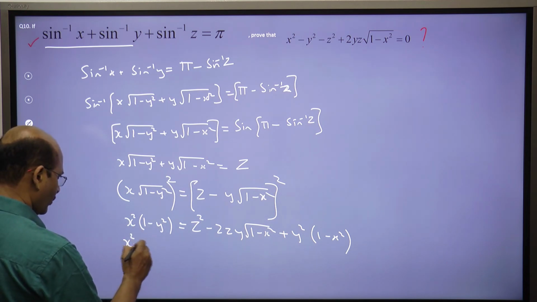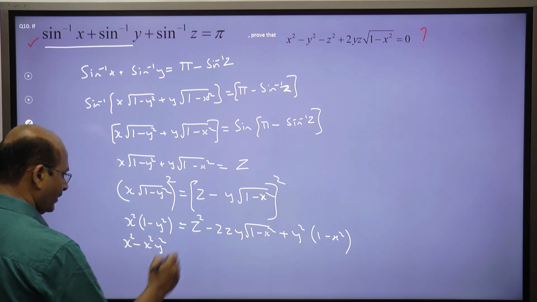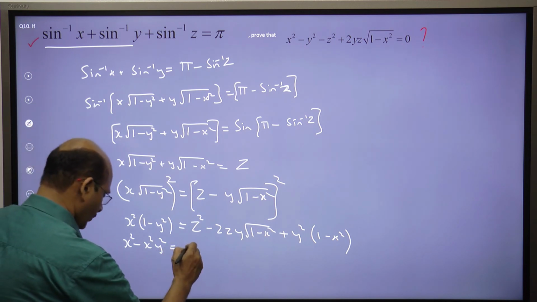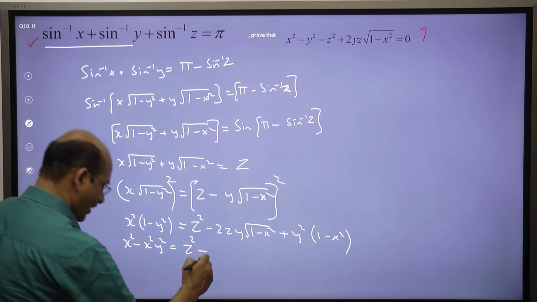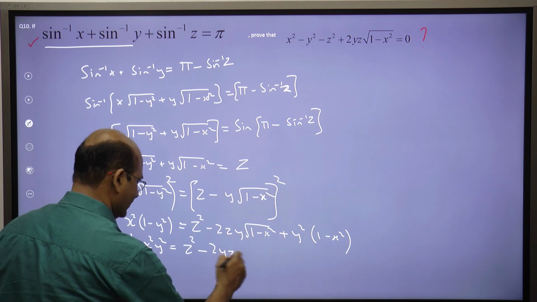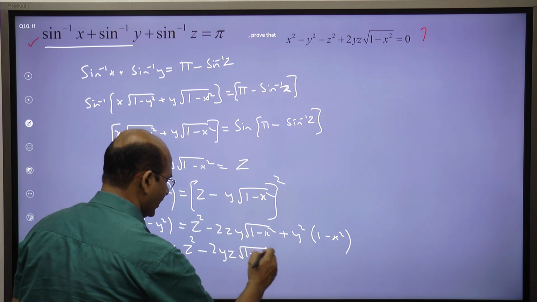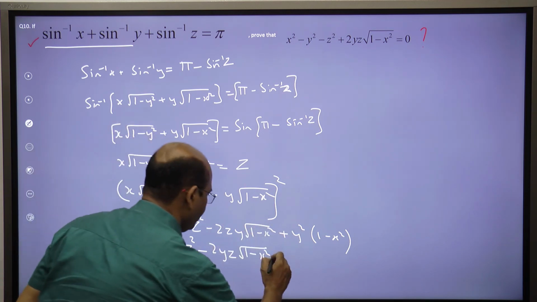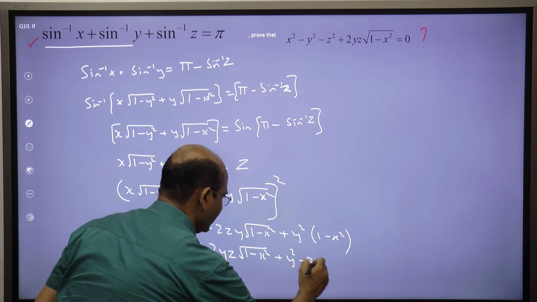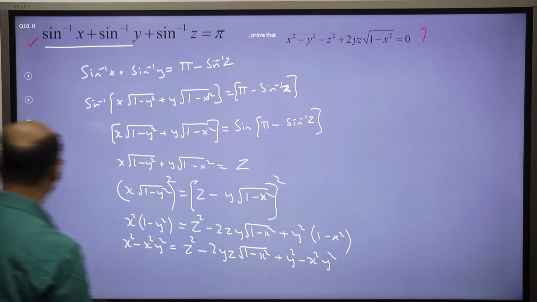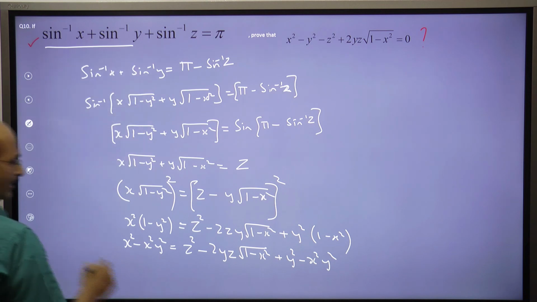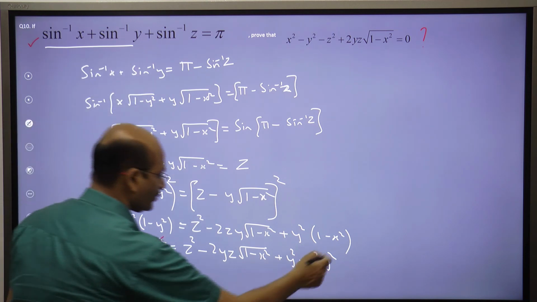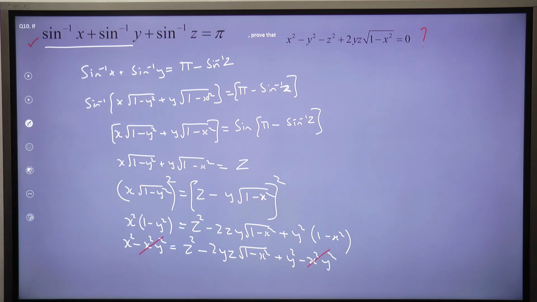This will become x square minus x square y square is equal to z square minus 2yz root of 1 minus x square, open this up, plus y square minus x square y square. Just see now, I cancel this out: minus x square y square and minus x square y square cancel. My job is over, because that's what they are asking.